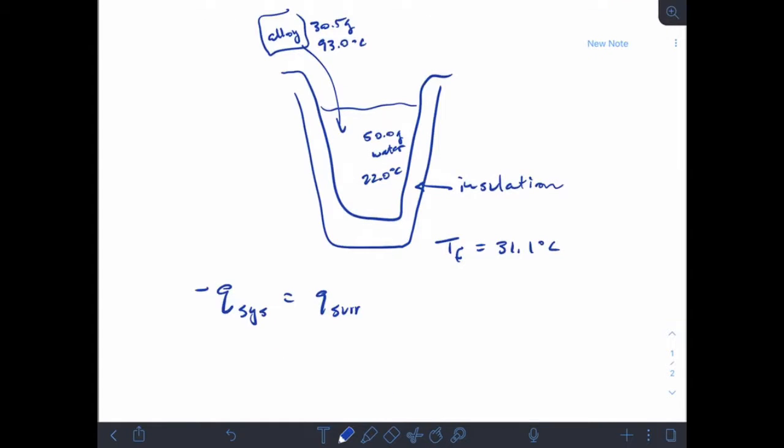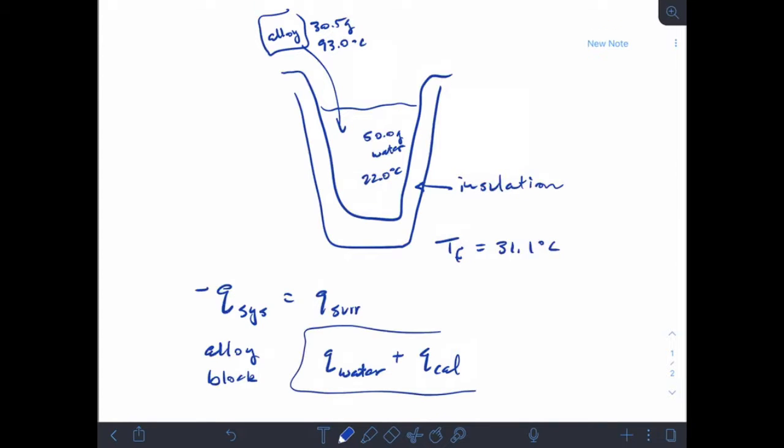In this case, our system is the alloy block, and Q of the surroundings is the water plus the calorimeter. So we have everything we need to solve for this part, and then we can go through and solve for the specific heat of the alloy.